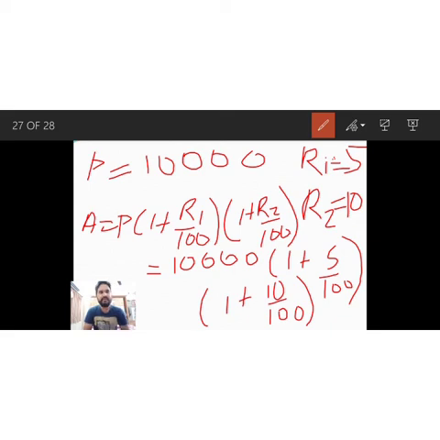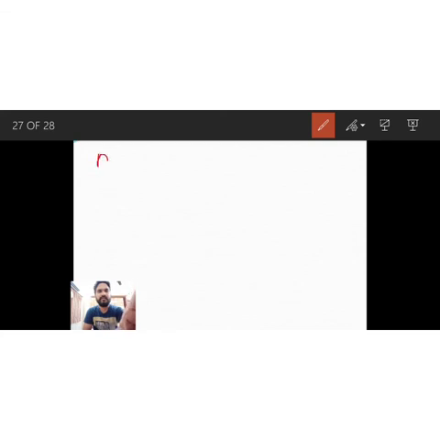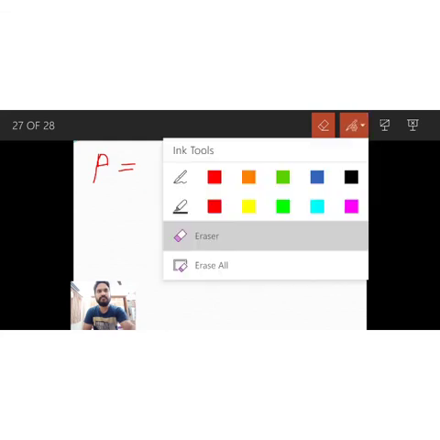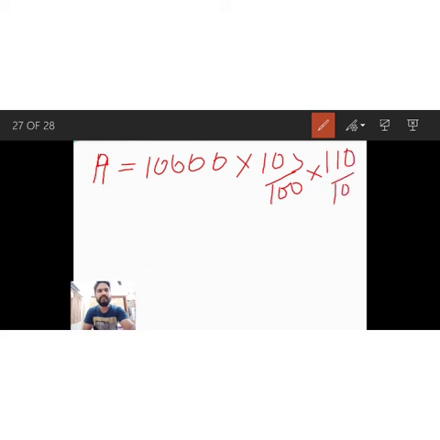Now A equals 10,000 into, after taking LCM, 105 upon 100 and 110 upon 100.